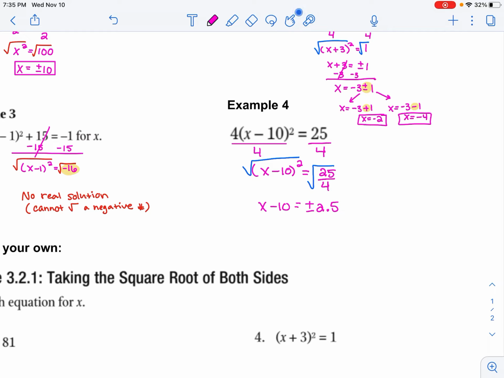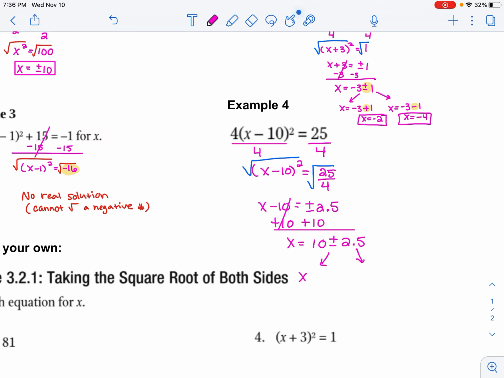All right, so now to solve for x, all I have to do is add 10. And remember, when we add that number to both sides, it's going to go in front of the plus or minus sign. So 10 plus or minus 2.5. So remember, we have to keep going to find the two numbers that are represented in these expressions.